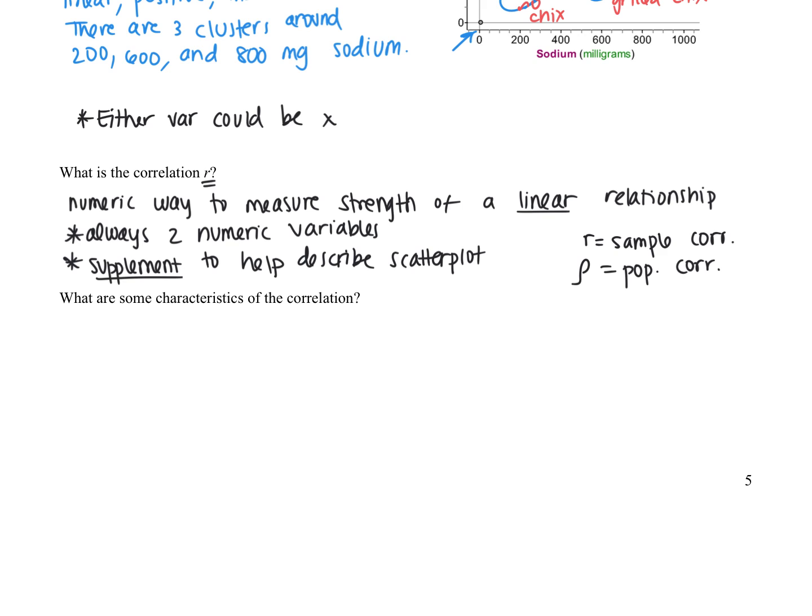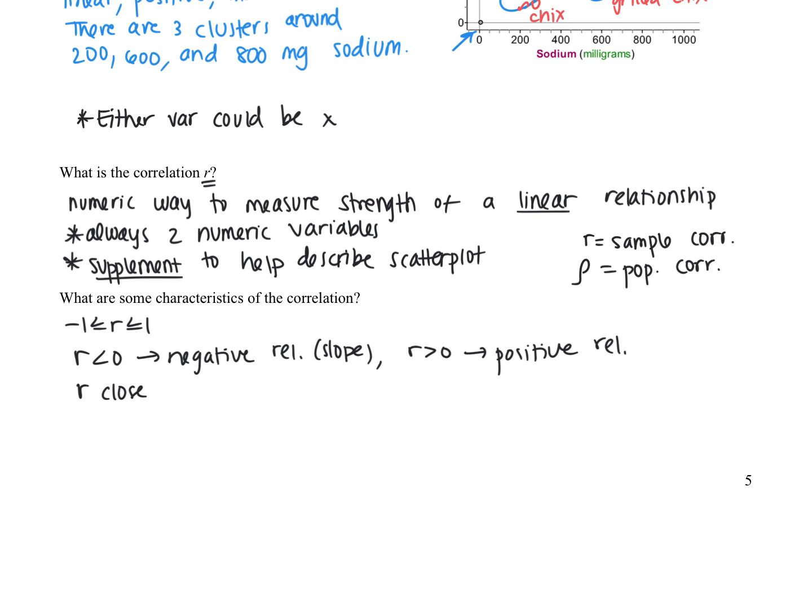Okay, some things you need to know about R. The first one, R is between -1 and +1. If R is negative, that indicates a negative relationship. So you would see a negative slope. If R is greater than 0, that is going to indicate a positive relationship. So in the scatter plot above, R would be positive because it's a positive relationship.